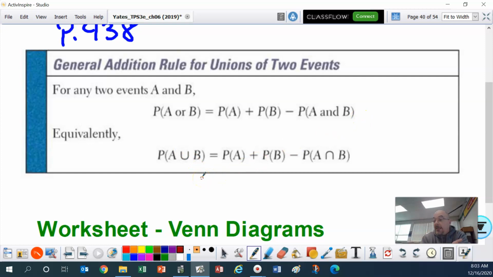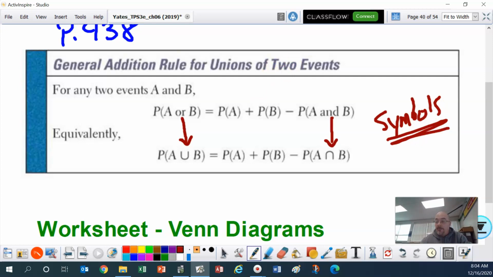I need to point this out. A big fat looking U is the symbol for OR, and the upside down big fat U is the symbol for AND. Make sure you understand what those symbols are when you see them.